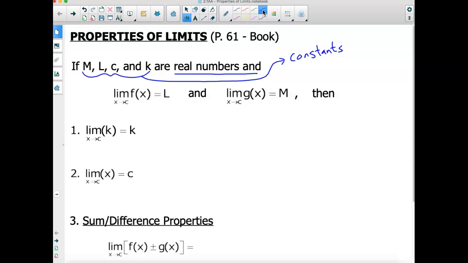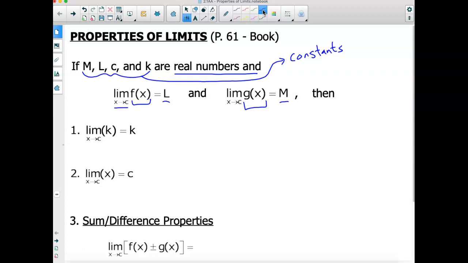It doesn't matter, they're real numbers, anything that can be plotted on the x-axis, okay? What I do know is the limit as x approaches c of f of x is L, and the limit as x approaches c of a different function, g of x, is M. If I know these two limits, I'm going to be able to do the rest of these.